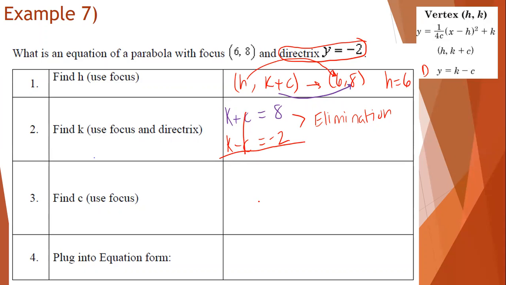Does my c eliminate? Yes. And what is k plus k? 2k. What is 8 minus 2? 6. 2 times what equals 6, guys? So k equals 3. So I have my h and my k.